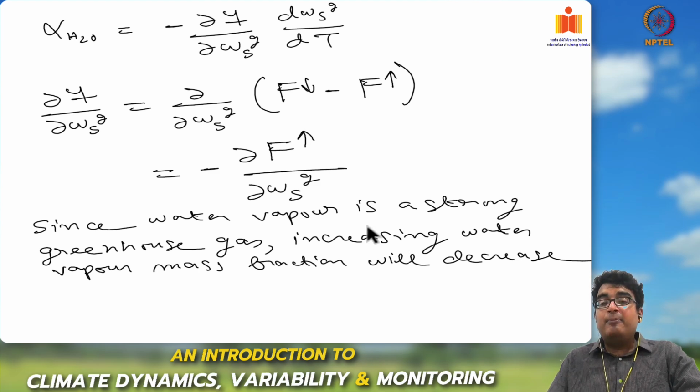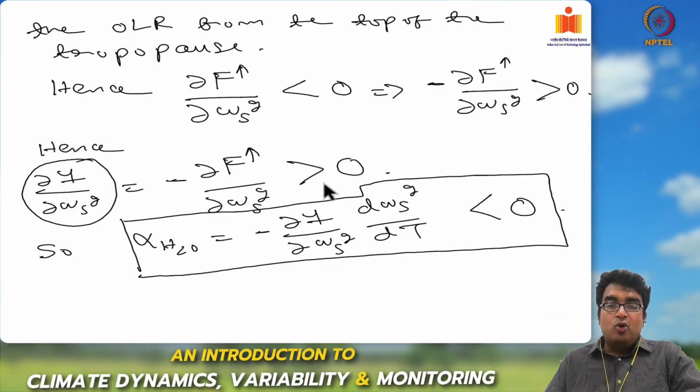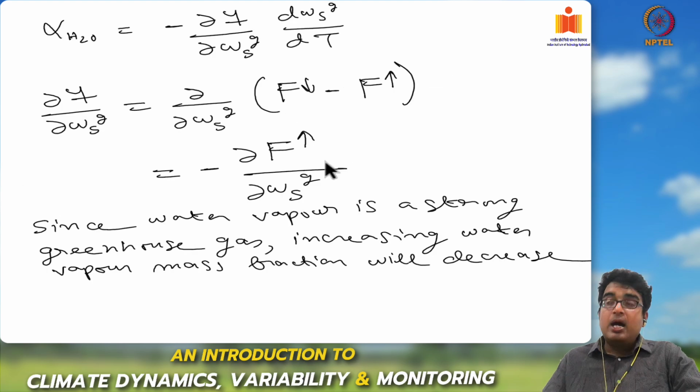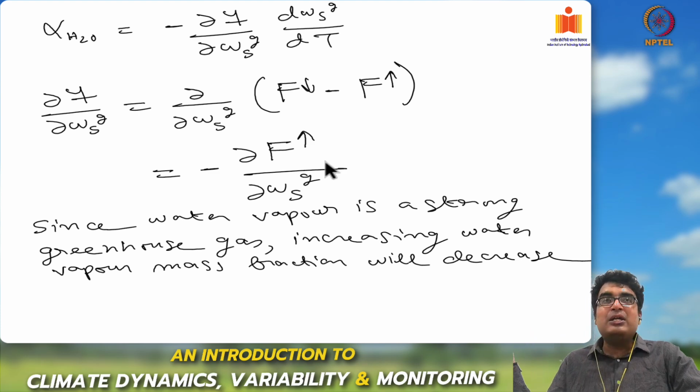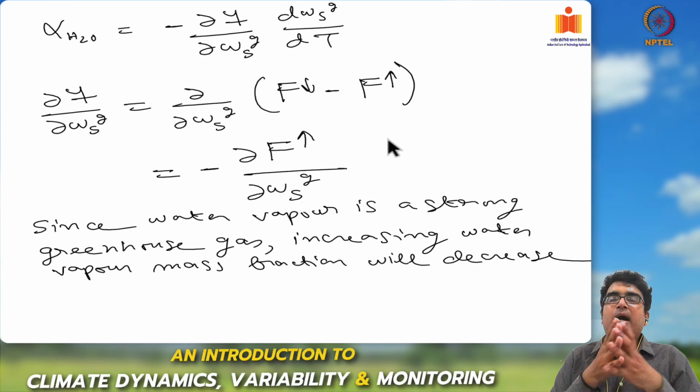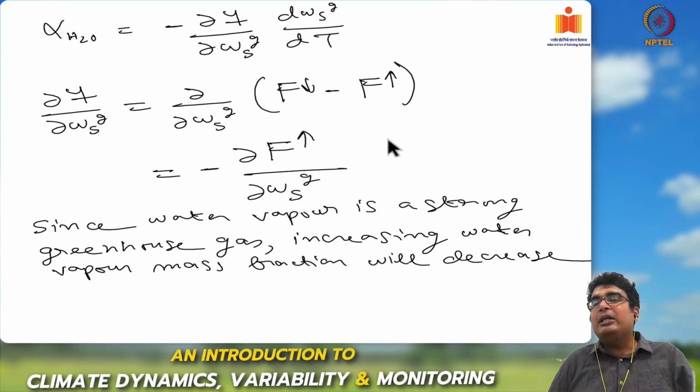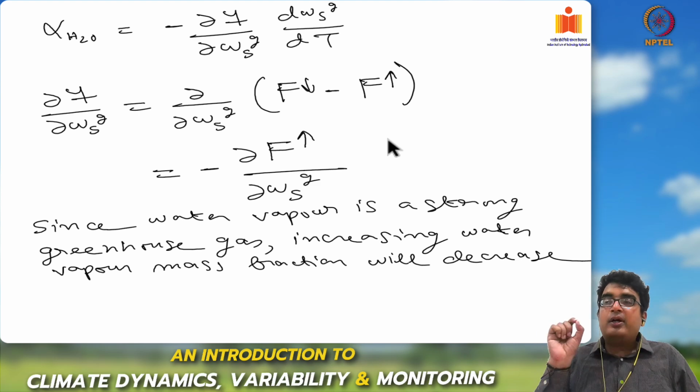Now, since water vapor is a strong greenhouse gas, increasing water vapor fraction will decrease the outgoing long wave radiation from the top of the tropopause. How much will it decrease? We will show that when we are looking at the CO2 case. How do we evaluate how much change in the outgoing long wave radiation flux there will be for a change in the concentration of a gas, be it water vapor, be it CO2?